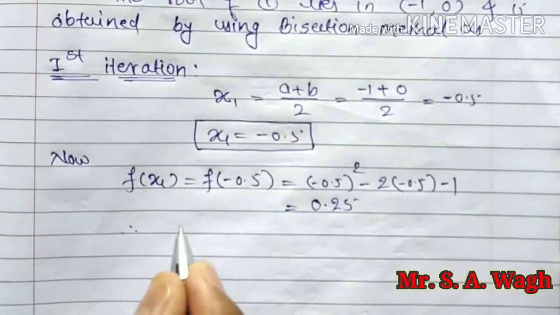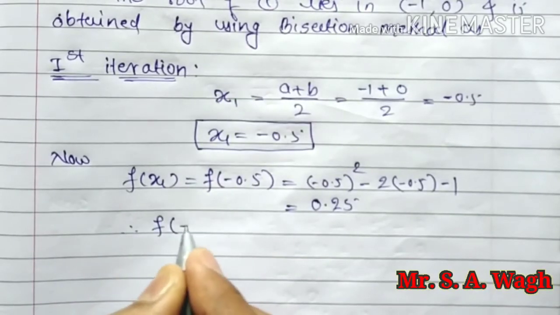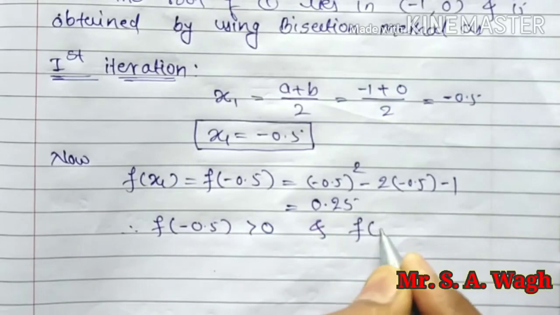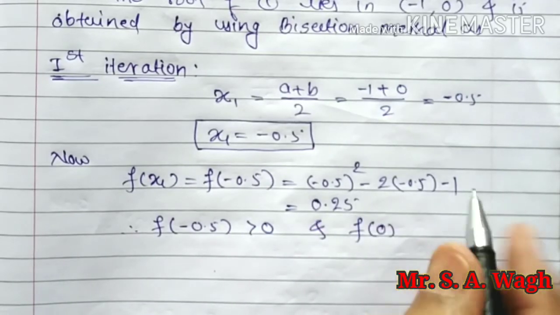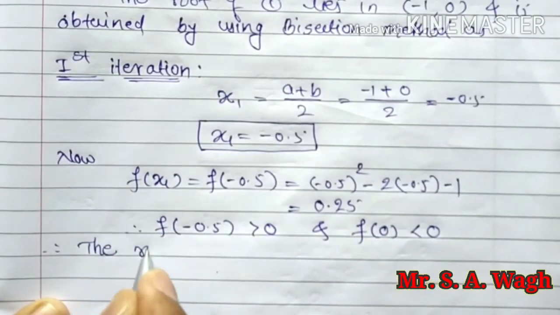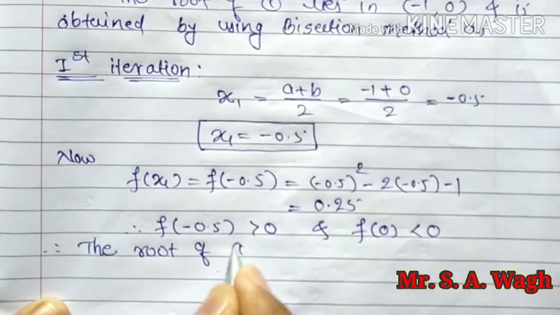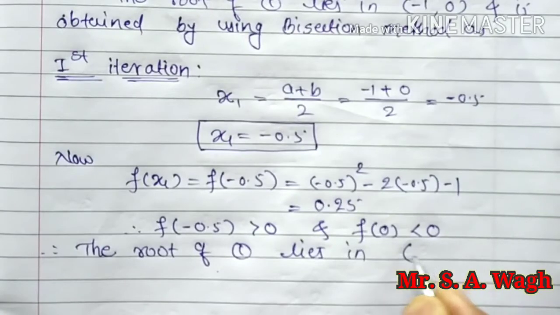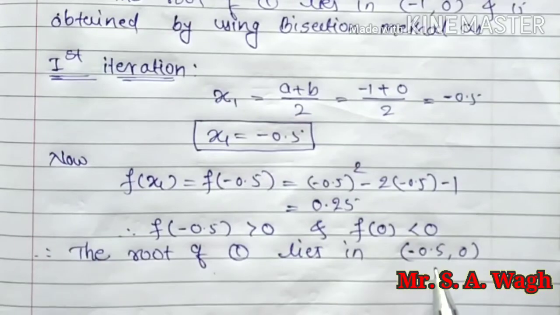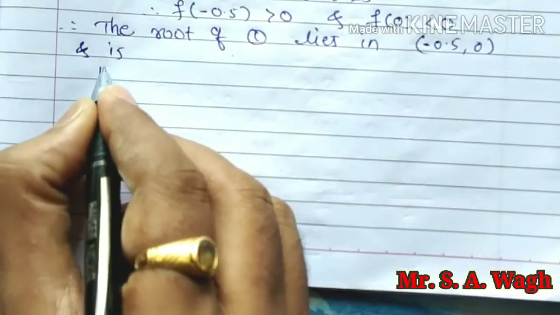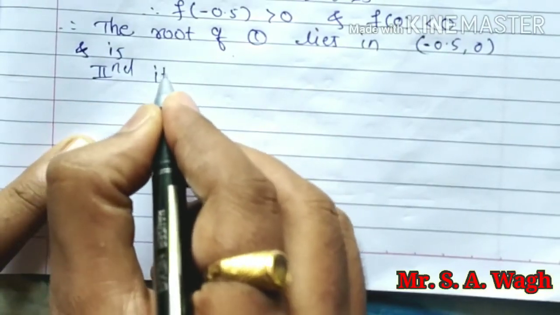And so we have f of minus 0.5 is greater than 0, and now we consider f of 0 from the upper value, which is less than 0, so we conclude the root of equation 1 lies in the interval which now changes to between minus 0.5 and 0. So here minus 1 is replaced by minus 0.5, and this is the second iteration.